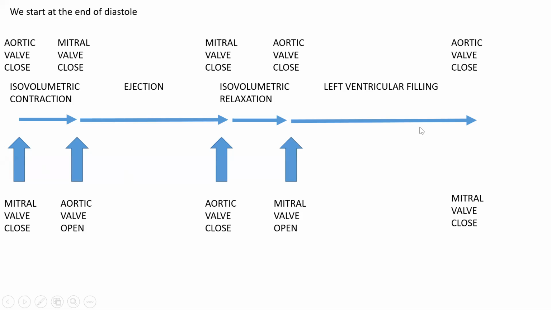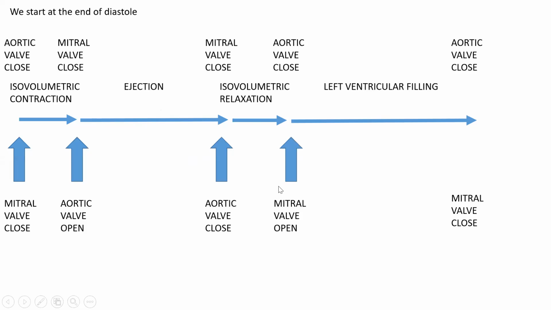Now, when you look at this flow here, you will understand one thing, the concept of the Tei index. The Tei index is the index of myocardial performance. Both the left ventricle and right ventricle have an index of myocardial performance. What this means is isovolumetric contraction time plus isovolumetric relaxation time over ejection time.